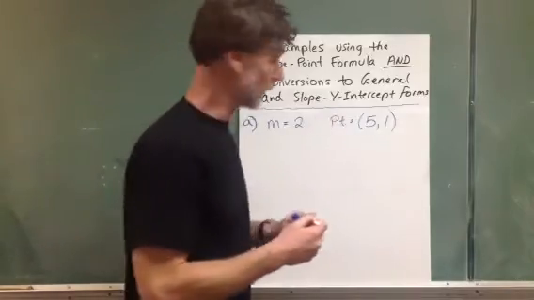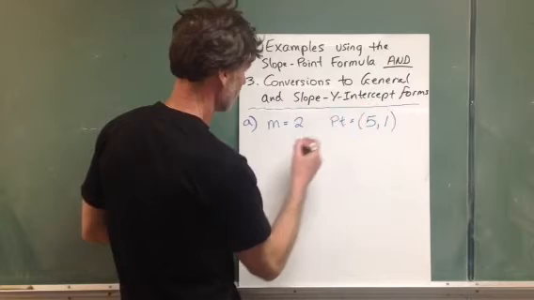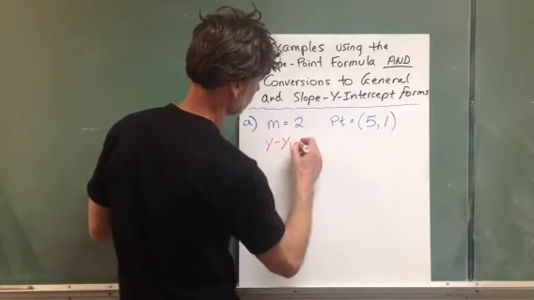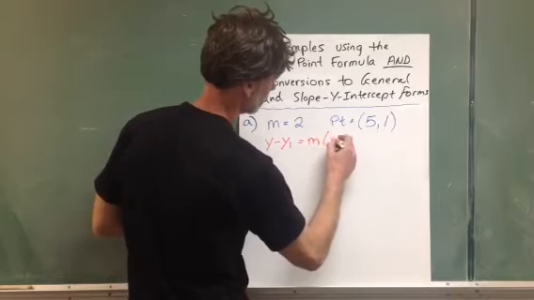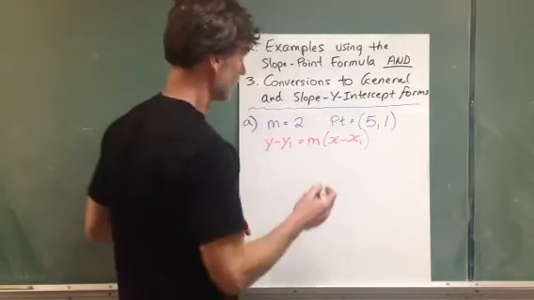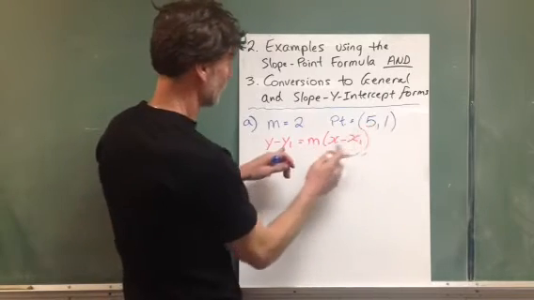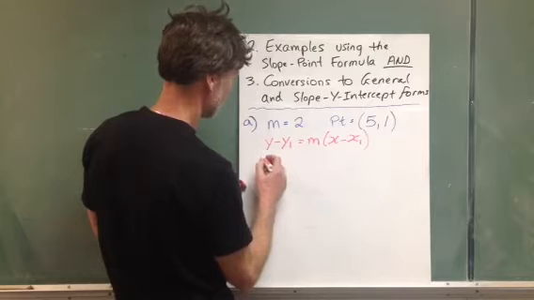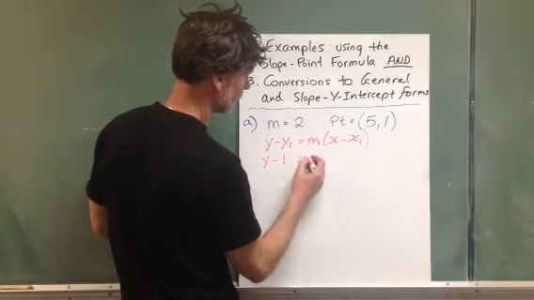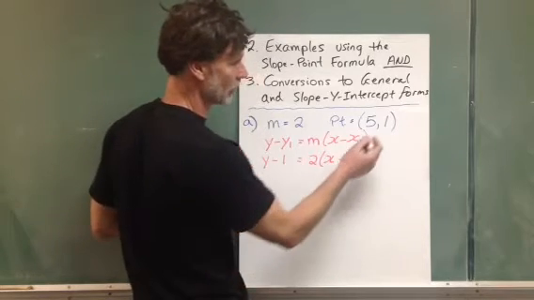Okay, let's do this example. First we'll start off with our slope point form of the equation. Now we'll do some substitutions. Put the slope in here and the coordinates of the point in here. So y minus, my y coordinate is 1, equals, the slope is 2, and x minus, my x coordinate is 5.